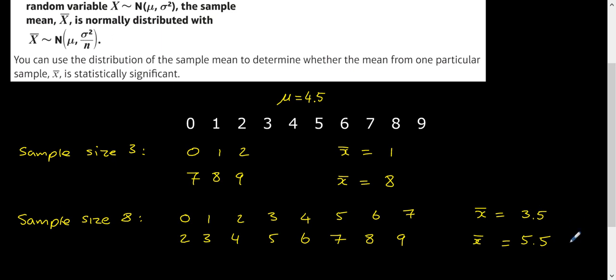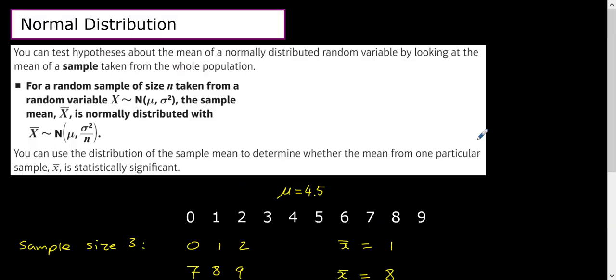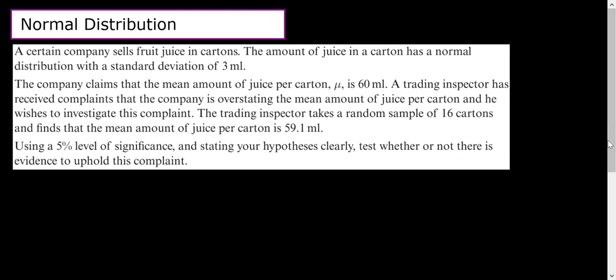Increasing the sample size decreases the variance. It therefore also decreases the standard deviation. So there's an inversely proportional relationship going on here. The standard deviation is inversely proportional to the sample size, which is why we take this variance and we divide by the sample size. So let's get into a question and see how it actually all works in practice.